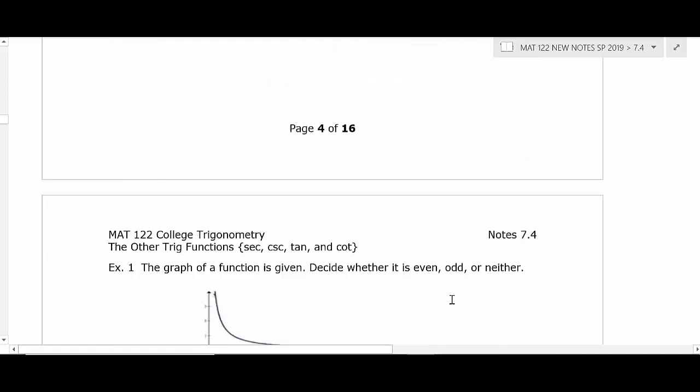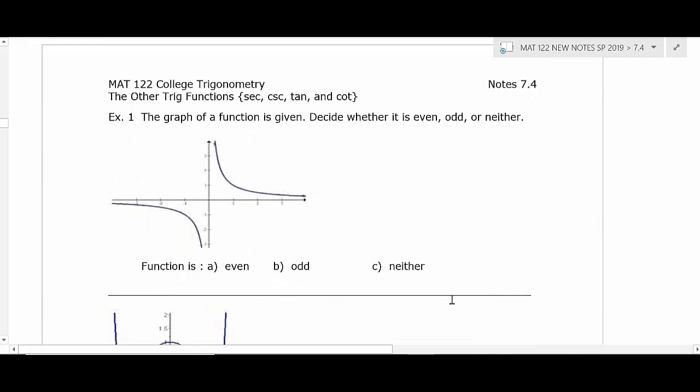All right, so going to this next page, let's just look at some graphs, and this is just review to prepare us for the trig part. Okay, so we want to see if this graph is even, odd, or neither. Well, one way to look at this is look at the symmetry. So, for example, this point right here is the point 1, 1, and notice this point over here is the point negative 1, negative 1.